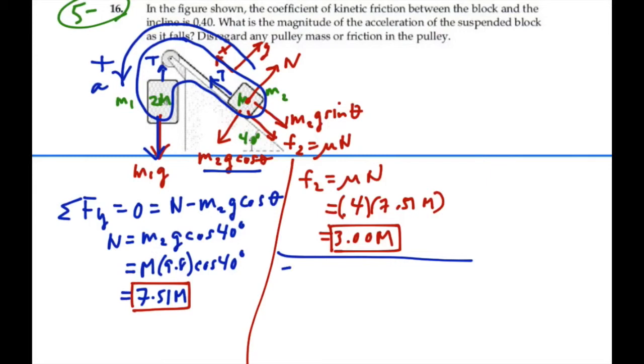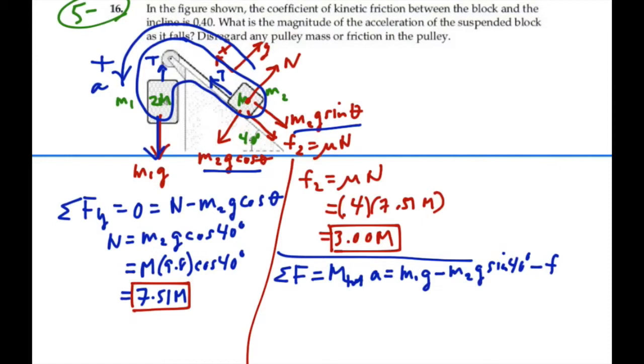So the summation of all the forces in the positive direction will be our total mass times acceleration, and that's going to be equal to m1g, and then we have m2g sine theta pulling back on it, so that's going to be minus m2g sine 40 degrees, and then minus friction. We're only concerned with the acceleration either in the positive or negative direction. So this sets up our Newton's second law for that.